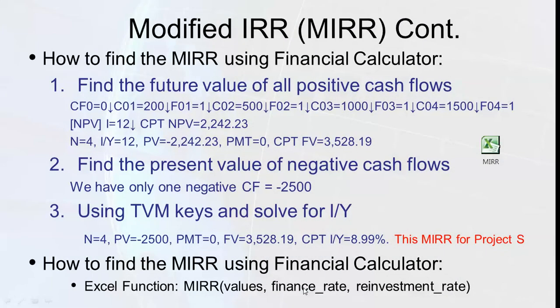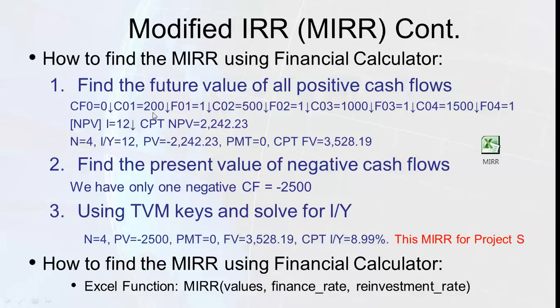So let's use the same example and find out the modified internal rate of return. Let's use the second project here. First find the future value of all positive cash flows. At time 0 we have a negative, so we put 0 for that.